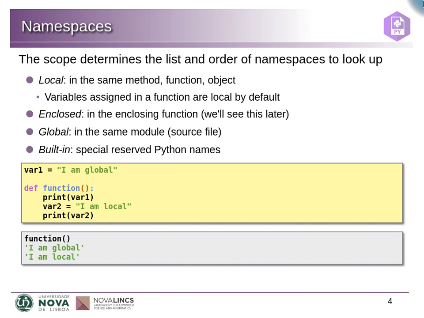And finally, it will look at the built-in namespace, which is the namespace for all these reserved Python names and functions like print, def, things like that, which are the last ones. So these ones are accessible from everywhere. So if you call this function, the first var1 will print this string here, and then the second one will print that.